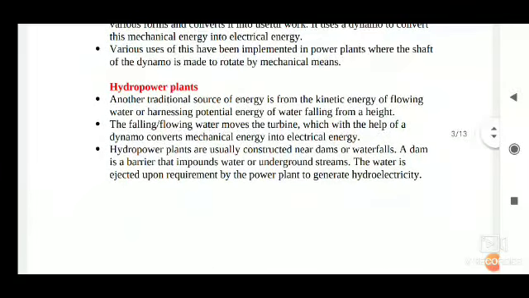Hydropower plants. Another traditional source of energy is from the kinetic energy of flowing water or harnessing potential energy of water falling from a height. So basically in hydropower plant the energy conversions are potential energy of water into kinetic energy of water into electricity.